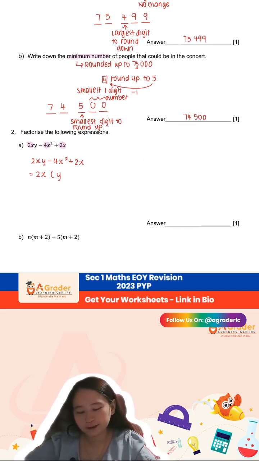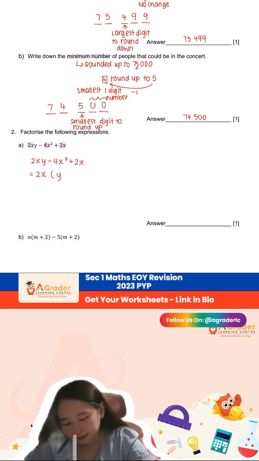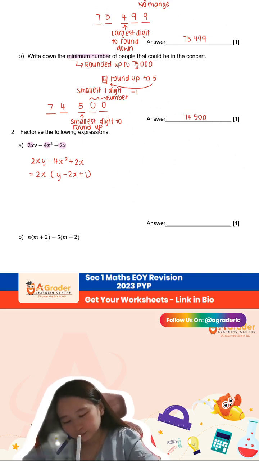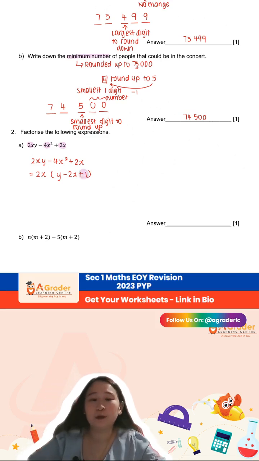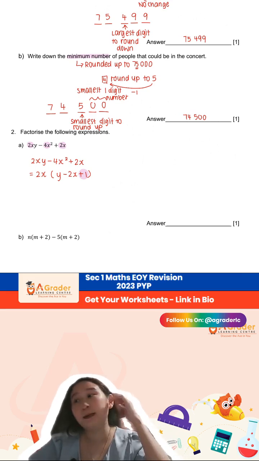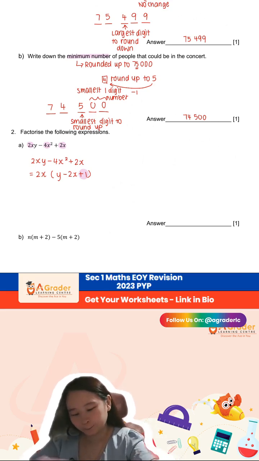Then negative 4x squared, when you divide by 2x, you'll get negative 2x. Then 2x divided by 2x is 1, so you plus 1. So take note here, although you factorize out 2x, you still have to write 1, it's not 0. Okay? So for factorization, to check your work is always to expand back and make sure you get back the expression that they give you.